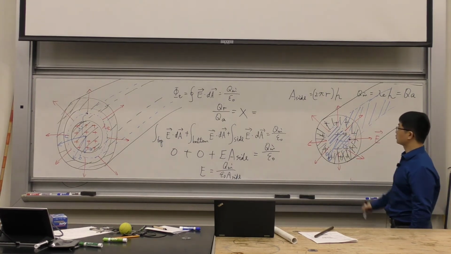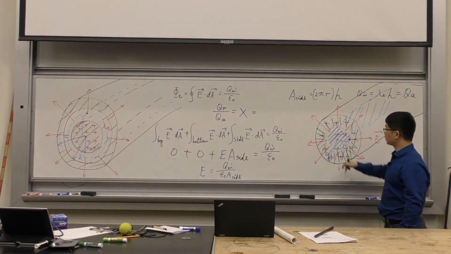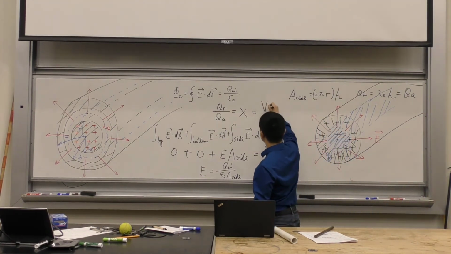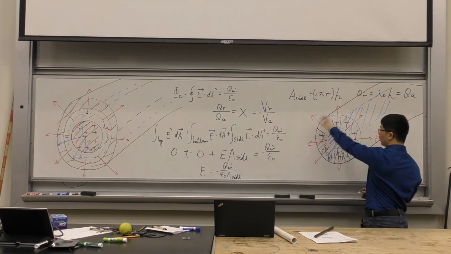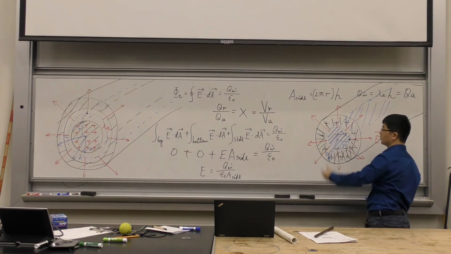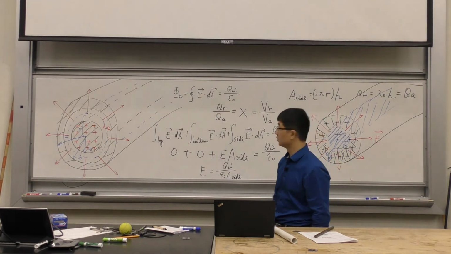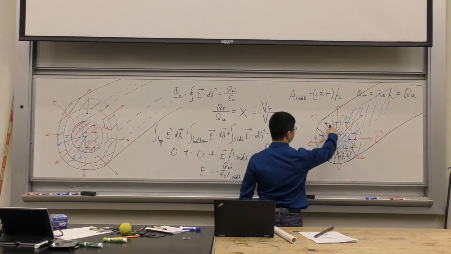So the ratio between the charge on the small cylinder and the charge on the big cylinder is just going to be the ratio between these two volumes, because they both carry charge. I'm just picking out this small volume out of this big volume. That's the only difference between these two. What is the volume of this small cylinder?